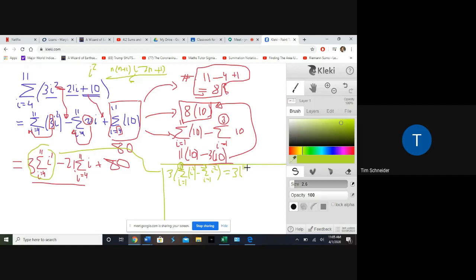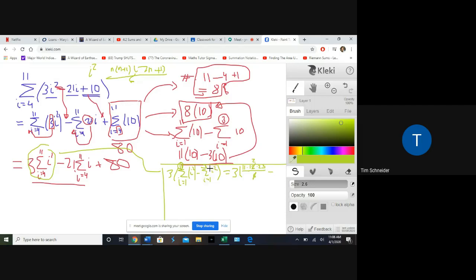So we have 11 times 12, that's 11 plus 1, times 22 plus 1, which is 23, all over 6. Okay. So that just reduces to a 2. That's nice.